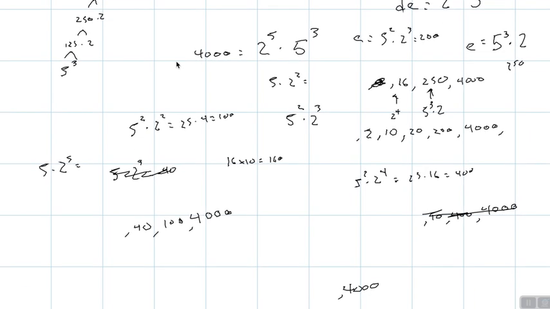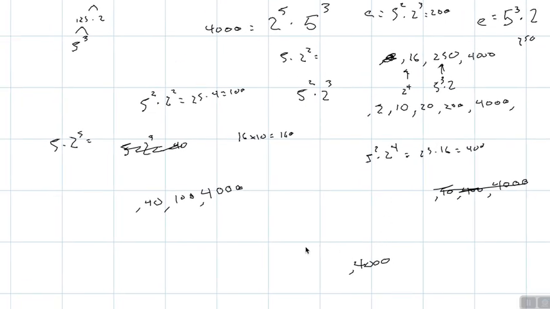Okay. 2 squared times 5 squared. 5 times, so 25 times 8. Yeah, we've tried the 200 though. Didn't work.